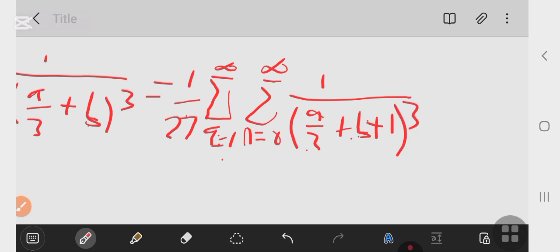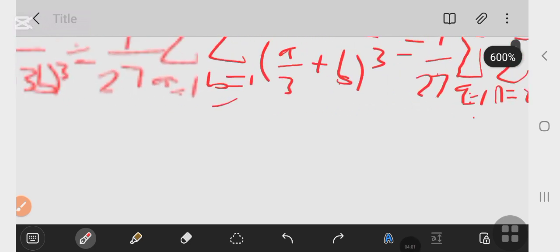Alright, now I'm still going to bring back something we already know, that is the Polygamma function.